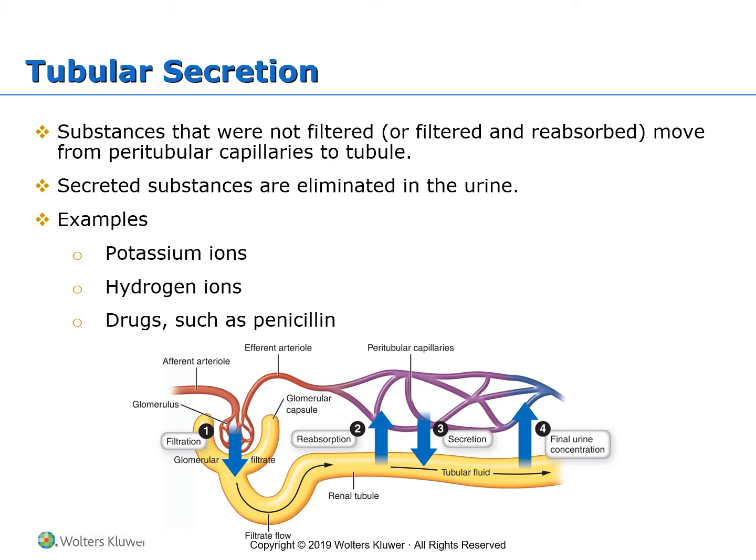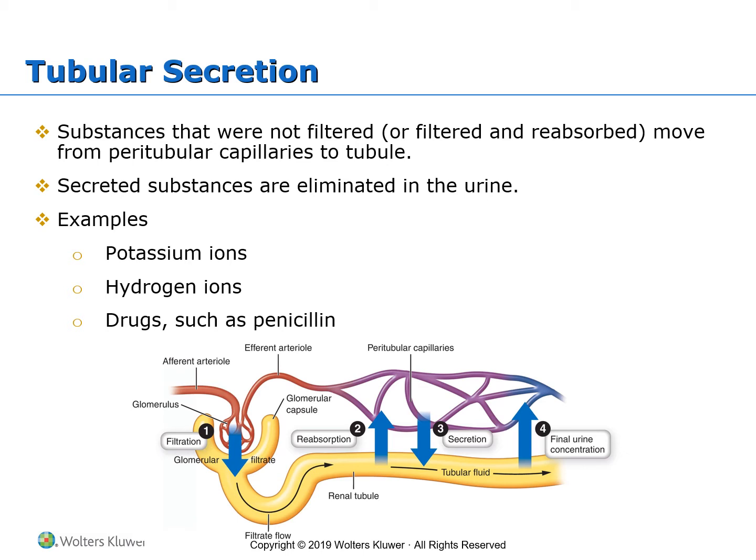So examples of those will be potassium and hydrogen ions, which will be moved from the bloodstream through the interstitial tissue into the tubules. By doing that, because potassium and hydrogen ions have a plus charge associated to them, the kidneys will regulate the pH of the body, and this is done by an active secretion of hydrogen ions.